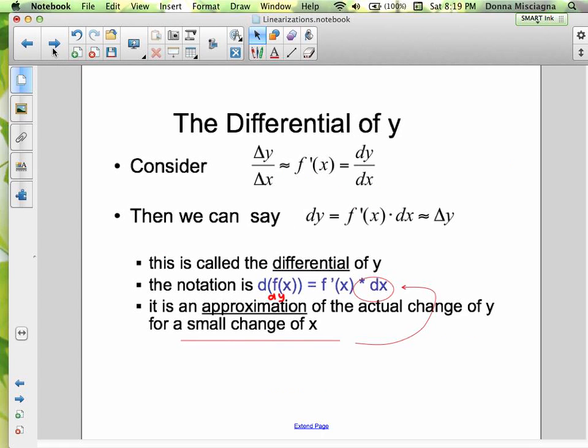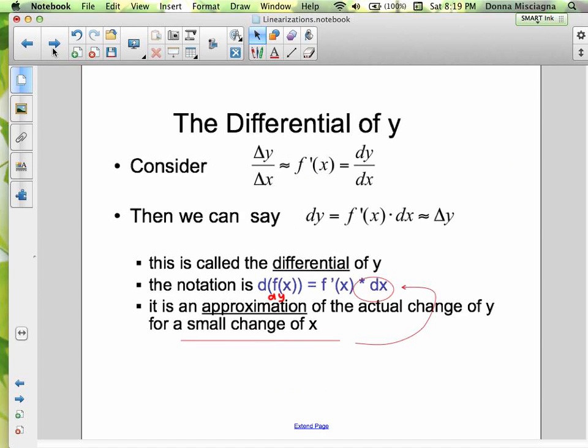All right, so the differential of y: consider change in y over change in x is equal to f prime of x, which is dy dx. So then we can say dy is equal to f prime of x times dx, which is our change in x. So we are looking to find a change in y given a small change in x.